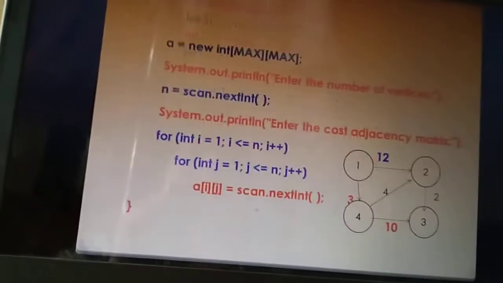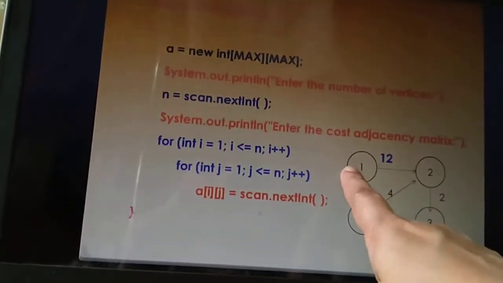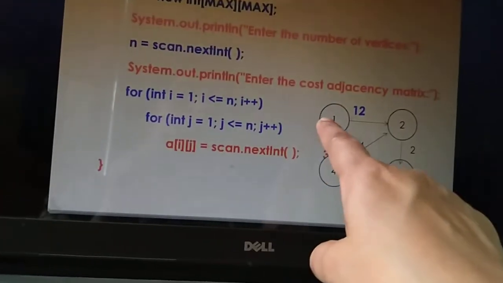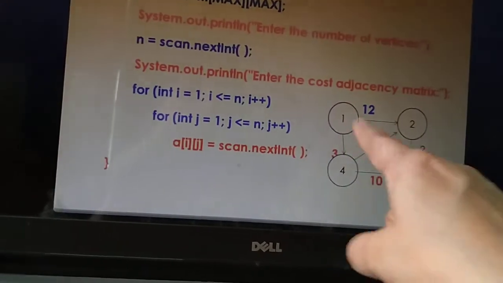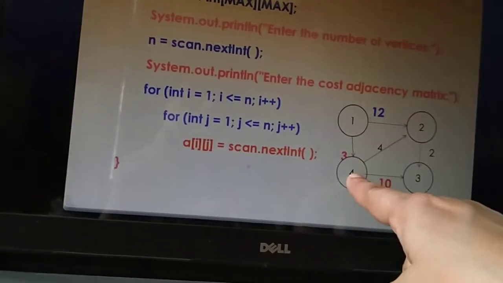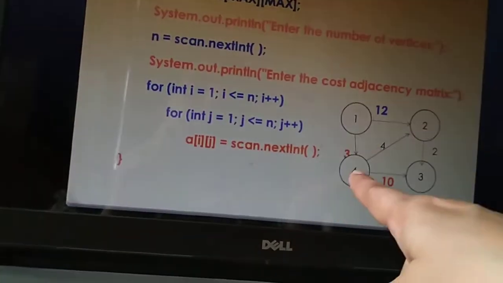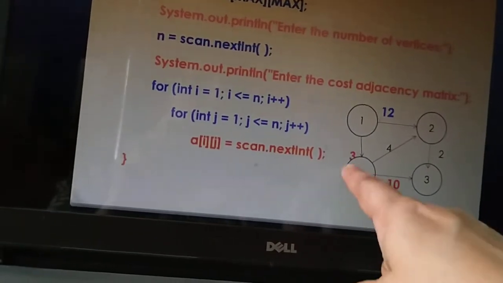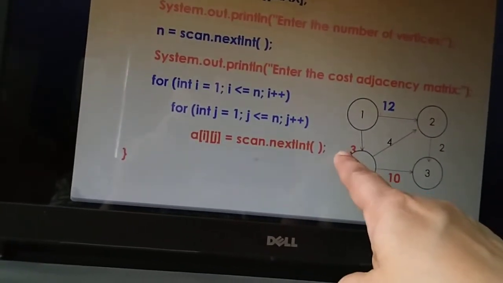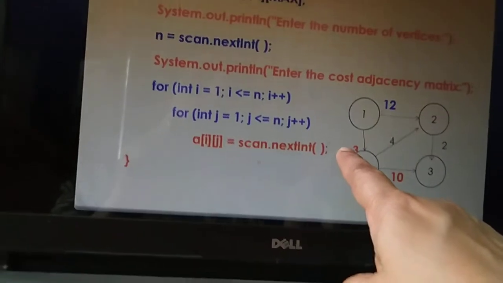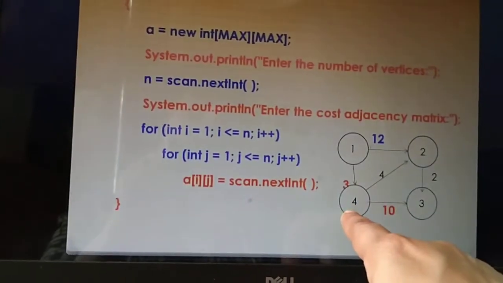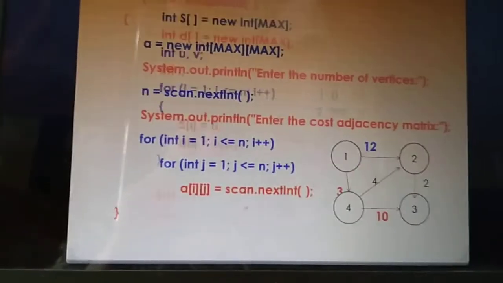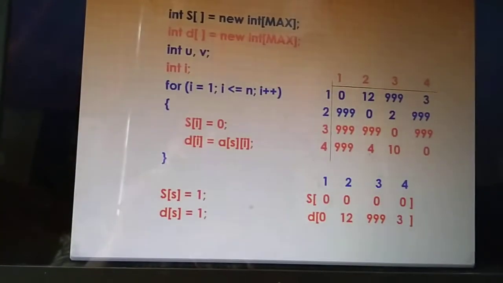You can see I started at this vertex. From here to here it is 12, from here to here it is infinity, and from here to here it is 3. So which has to be selected? Vertex 4 has to be selected. What is u? 4. What is d of u? 3. That is what we got through the extract min function.